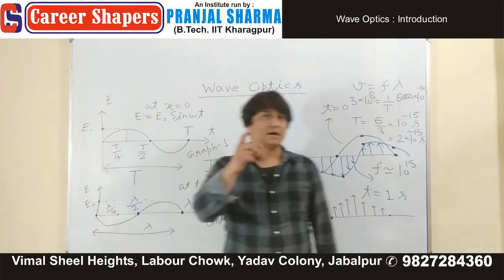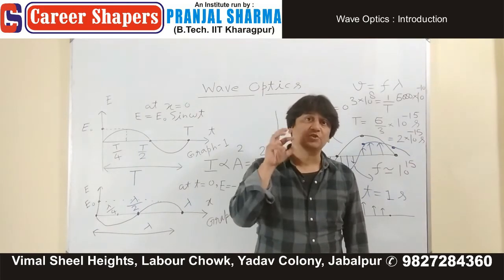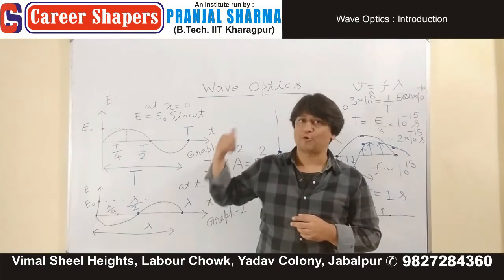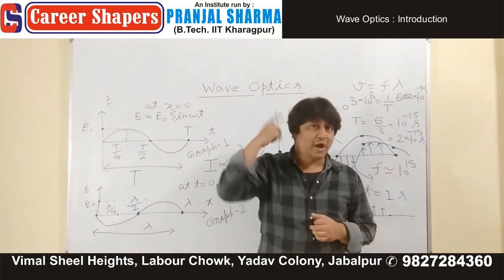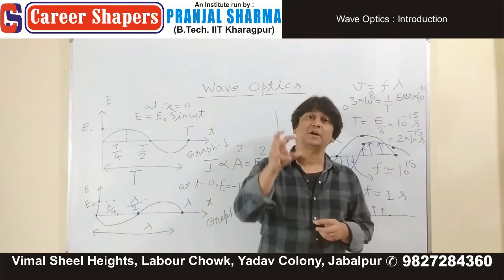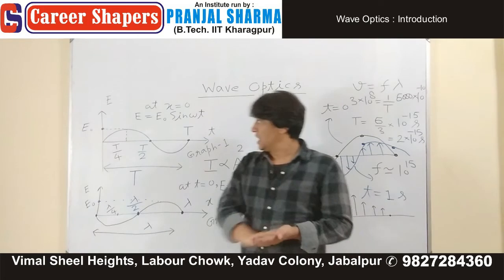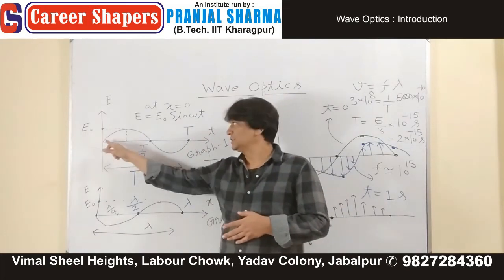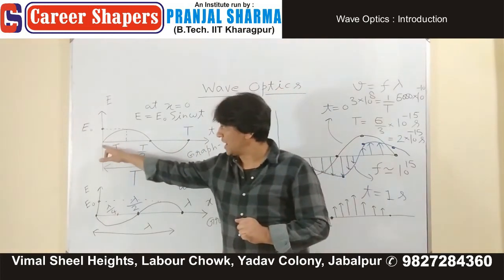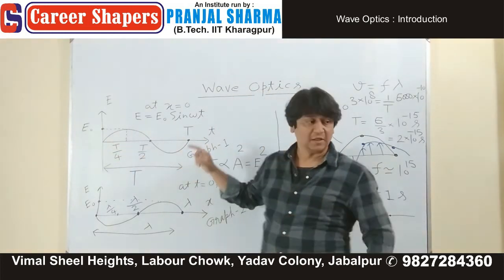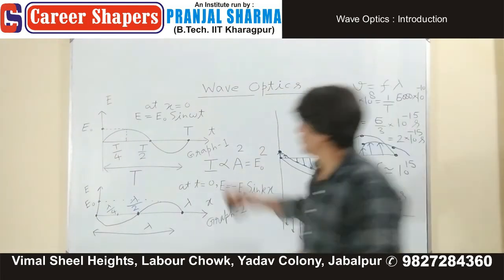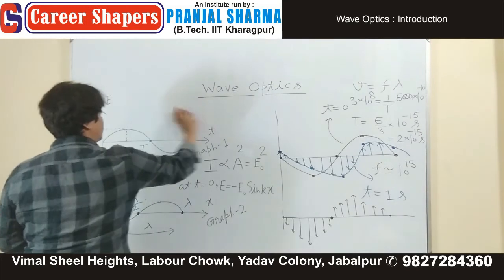So your eyes are receiving what? Energy of an electromagnetic wave. But the way your brain perceives that energy is in the form of a color. Now, for a given color, say red, look at this interesting thing.